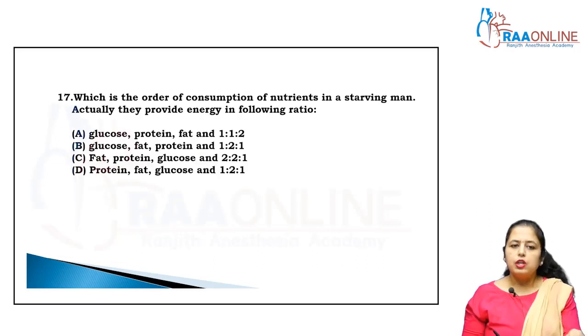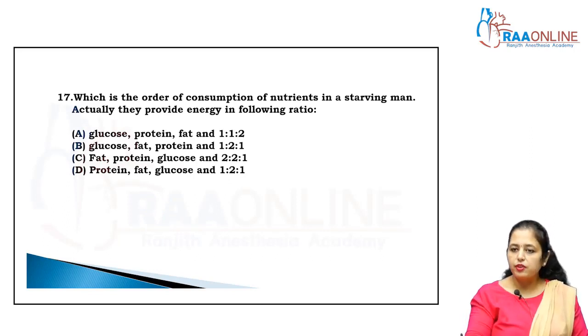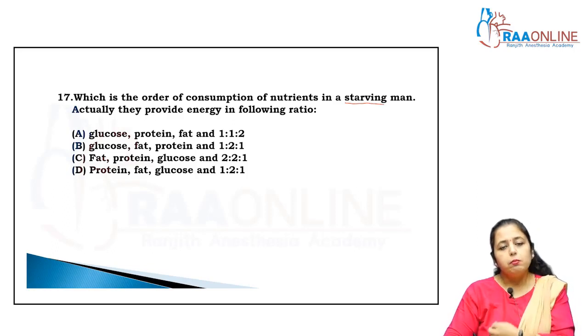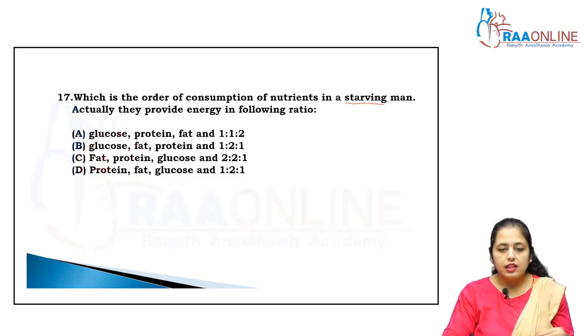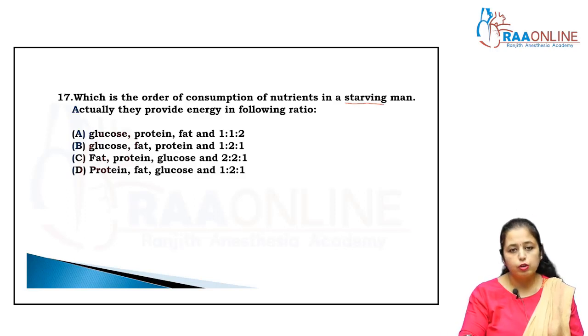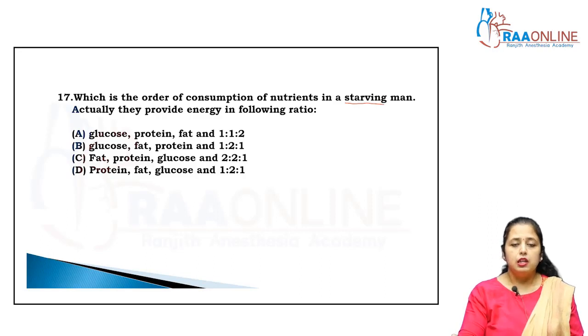Now come to the next one, which is the order of consumption of nutrients in a starving man. They provide energy in the following ratio. This is related with the balanced diet, and it is given in NCERT also. What will happen in a starving man's body? First we use the carbohydrate or glucose, after that the fat, and the most difficult is to digest the protein.